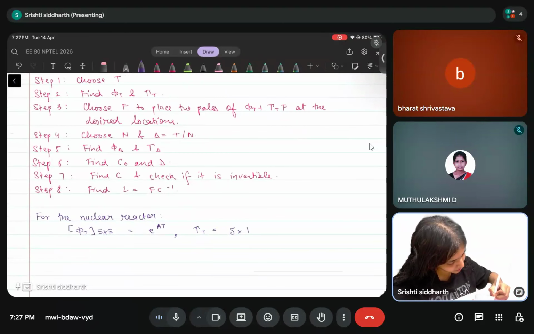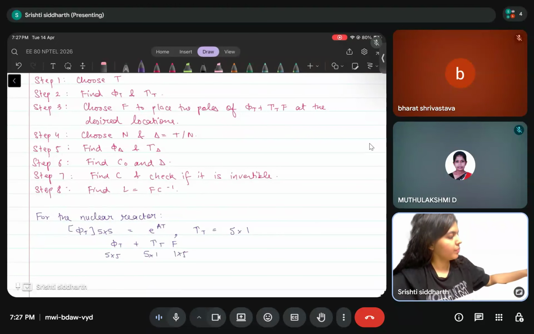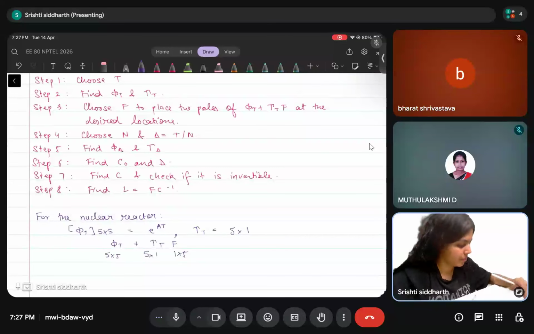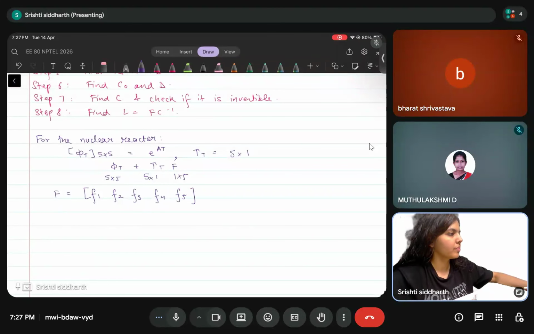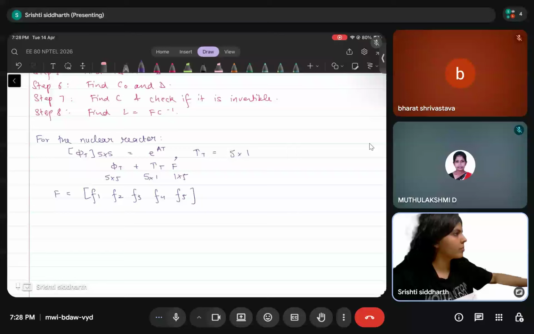Then F is going to be, so this is phi T plus gamma T F. This is 5 by 5. This is 5 by 1. This is 1 by 5. So F is going to look like some F1, F2, F3, F4, F5.